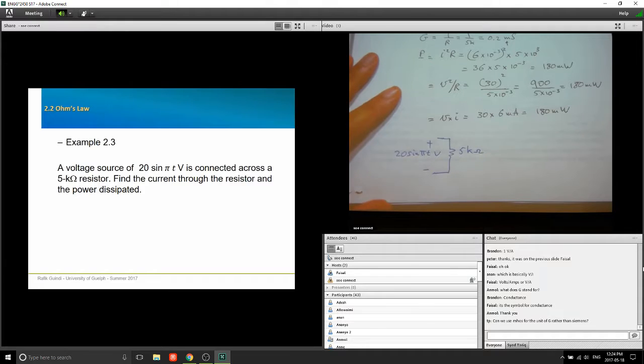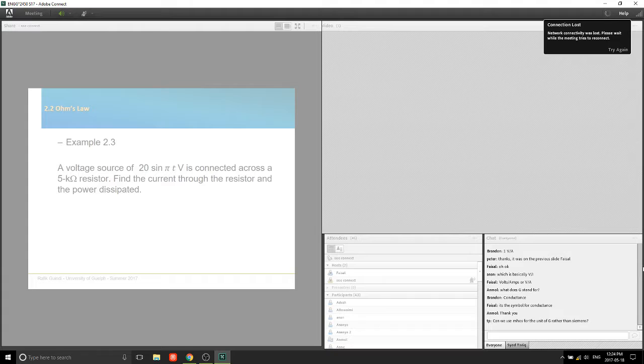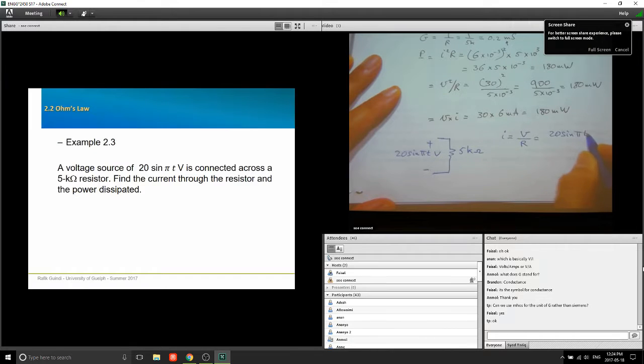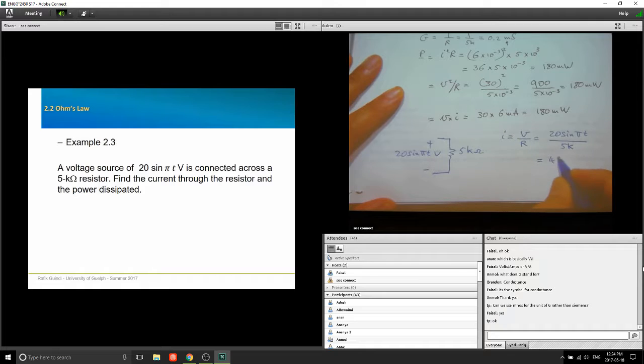We want to find the current, which is 20 sine pi t over 5k, which is 4 sine pi t, but because of the k, I get a milli here, so it's milliamps.